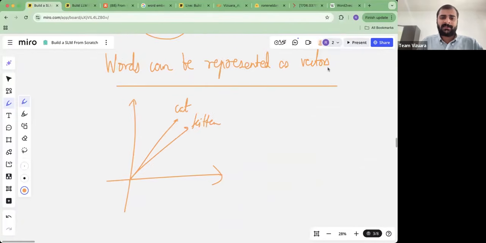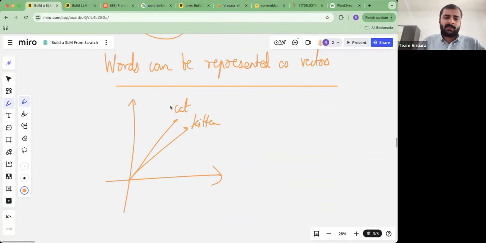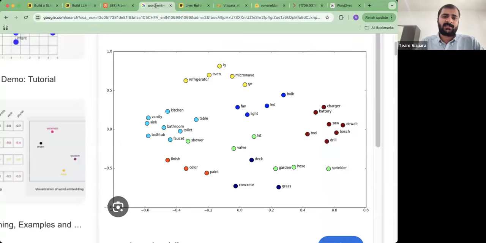The idea of vectors is that if I can represent words as high dimensional vectors, and somehow train these vectors to capture the meaning, that would be really awesome. So that's what Google showed in the 2014 paper. They showed that if you take a huge bunch of words, you can train a neural network to convert words into vectors. And these vectors are such that similar meaning vectors will lie closer to each other in space.